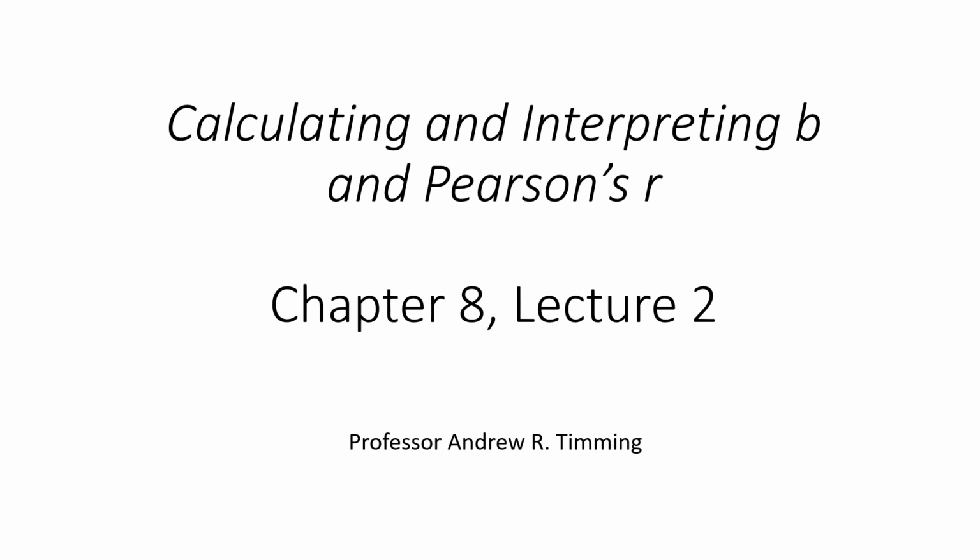We looked at two interrelated methods, simple regression and Pearson's R. In this lecture, we will extend the knowledge that you learned from Lecture 1 in Chapter 8. We will calculate and interpret B in the case of simple regression and Pearson's R. So let us begin, shall we?